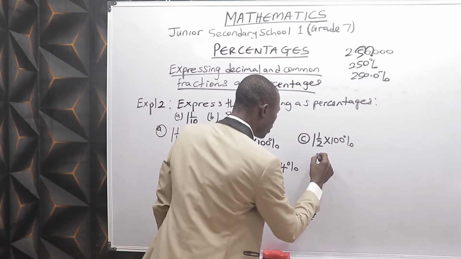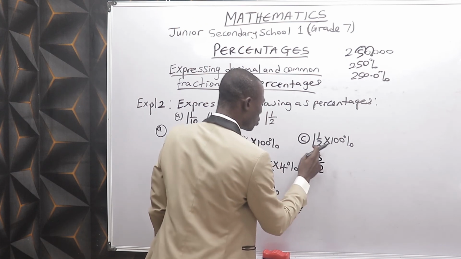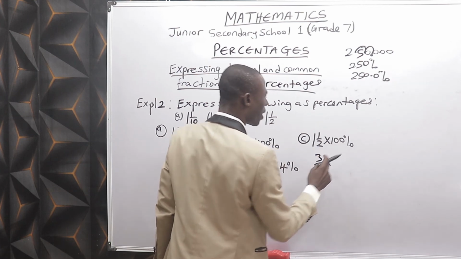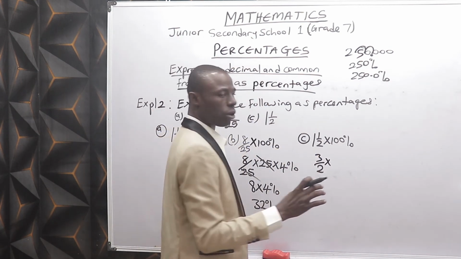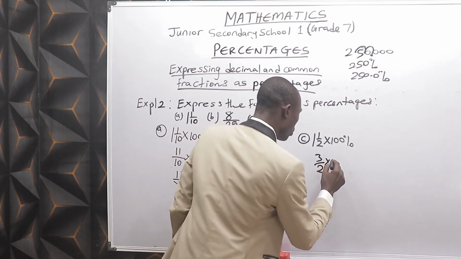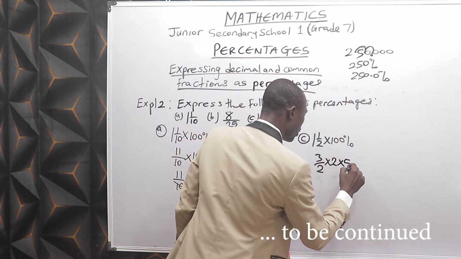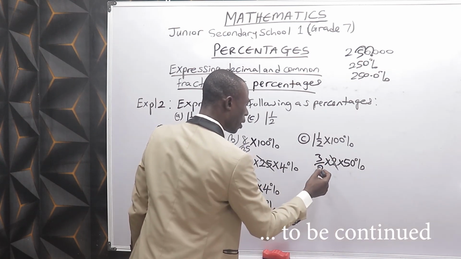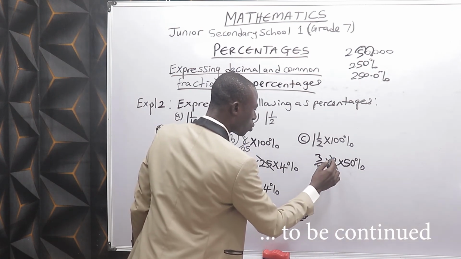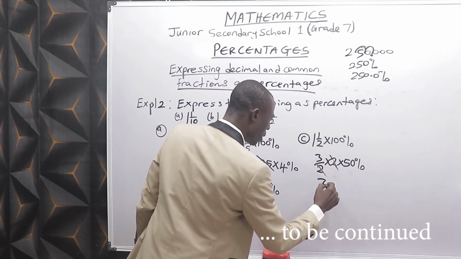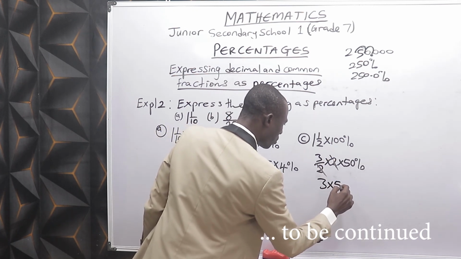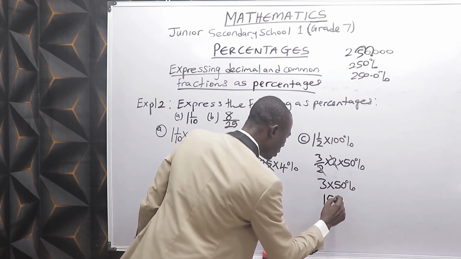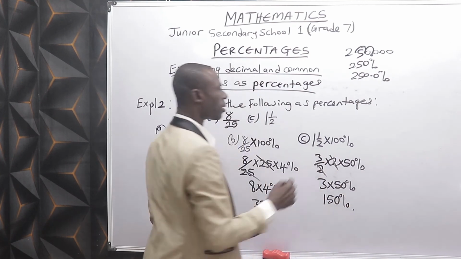So this is 3 over 2, that is 2 times 1, that's 2, plus 1, 3 over 2, times, I want to break 100 into factors such that 2 will reflect there. That will be 2 times 50%. So 2 will easily take care of 2. 2 will cut 2 here, as you can see, remaining 3 times 50%. 3 times 50% is 150%, and that is the end.